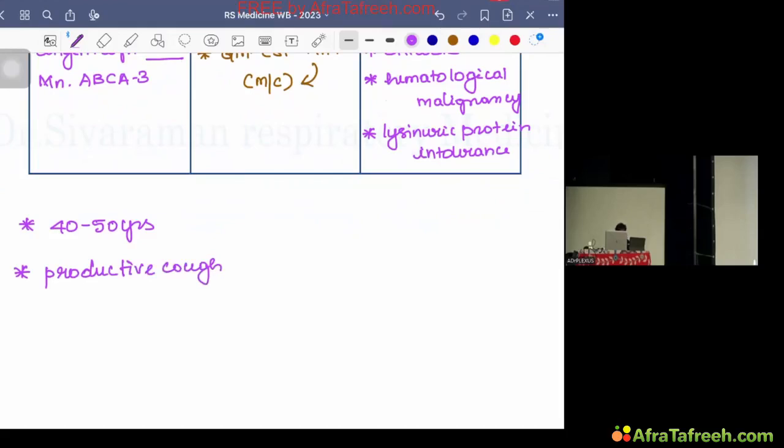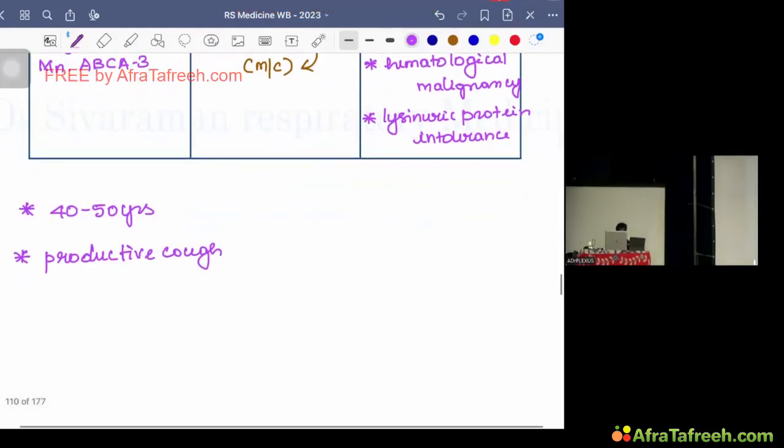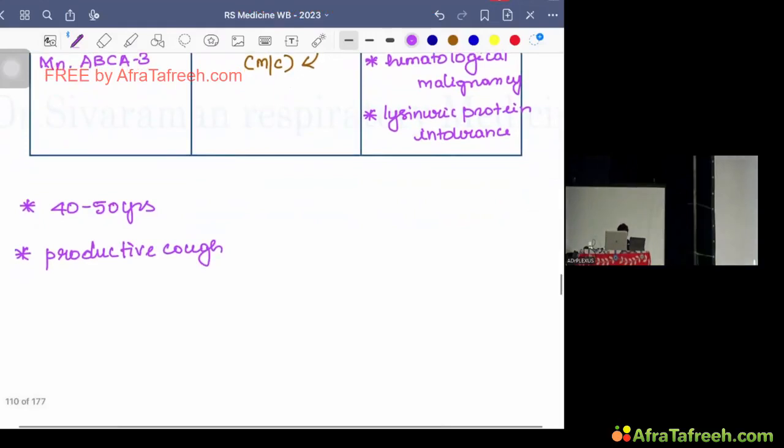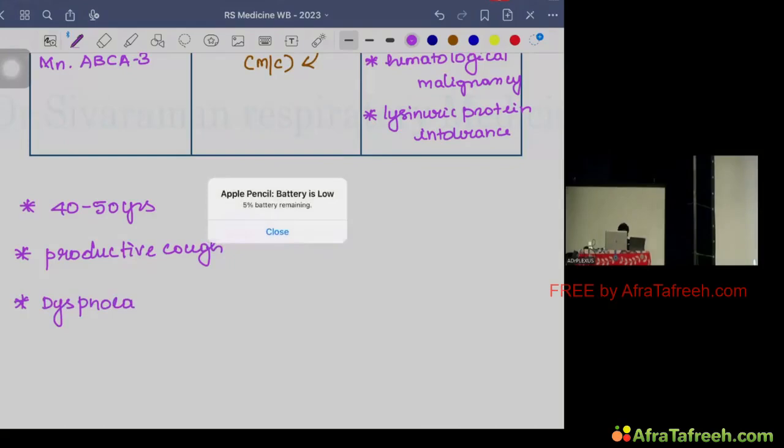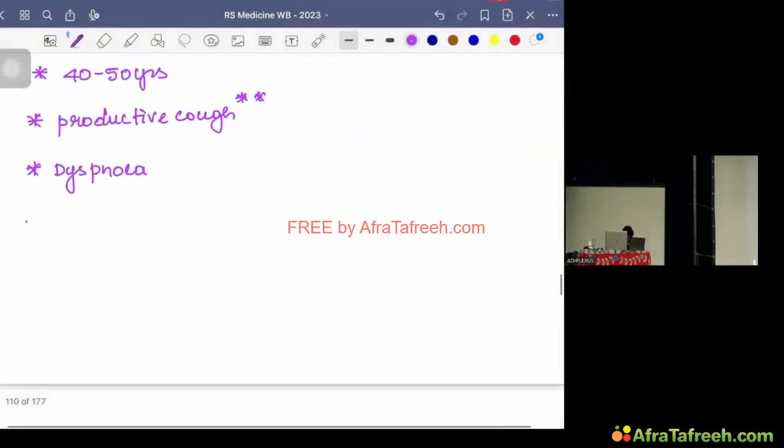This is a very, very important clue in your exam. These patients present with dyspnea. Next, you can go for imaging.